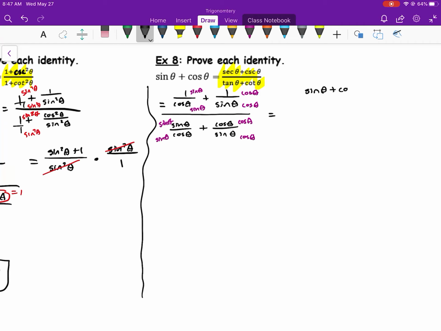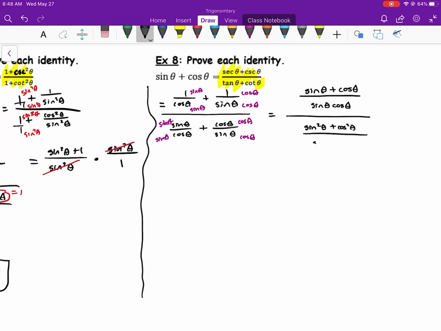So sine theta plus cosine theta over sine theta cosine theta, and we get sine squared theta plus cosine squared theta.